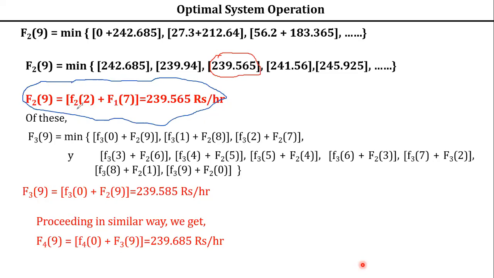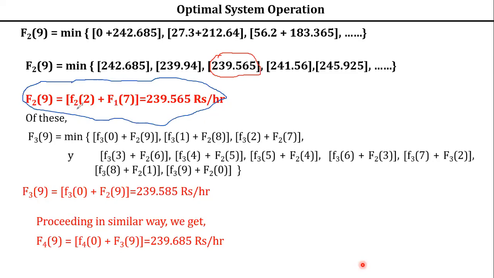So for each load component, you have to repeat this procedure, whatever I explained till this point. So F1 of 9, F2 of 9, F3 of 9, F4 of 9, you have calculated for 9 megawatt of load. Fine. So for 8 megawatt of load, you have to calculate F1 of 8, F2 of 8, F3 of 8, F4 of 8.